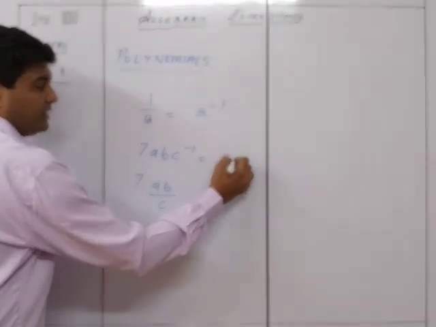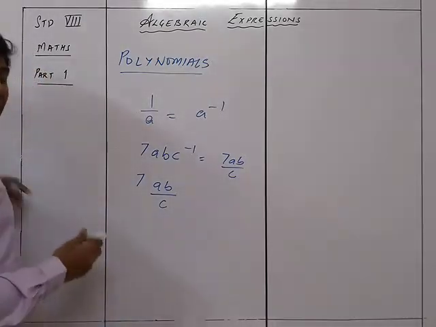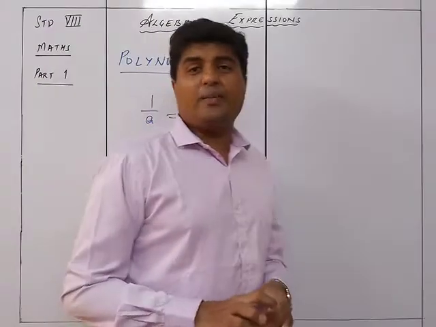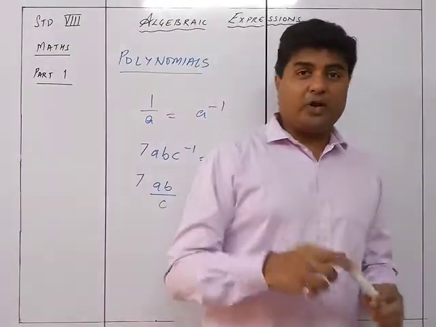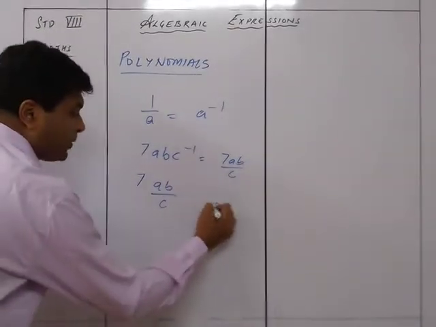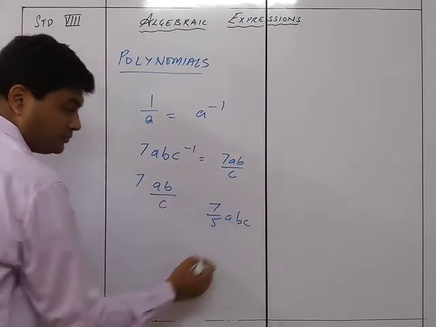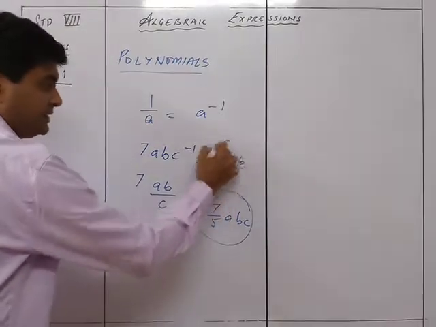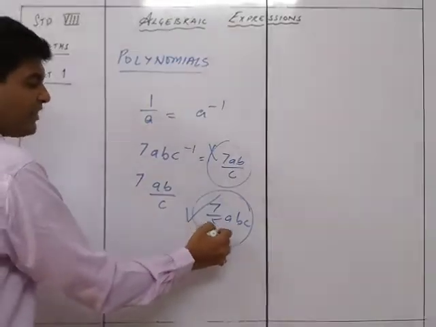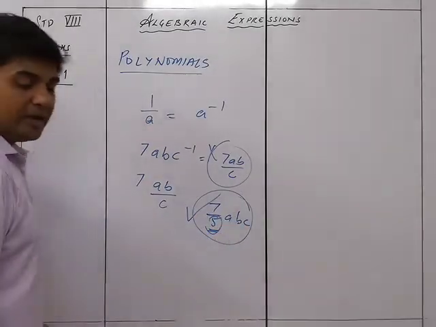So if you have any variable in the denominator, it is not a polynomial. 7 upon 5 abc is okay, but this is not okay. You can have 5 in the denominator, but not any variable in the denominator.